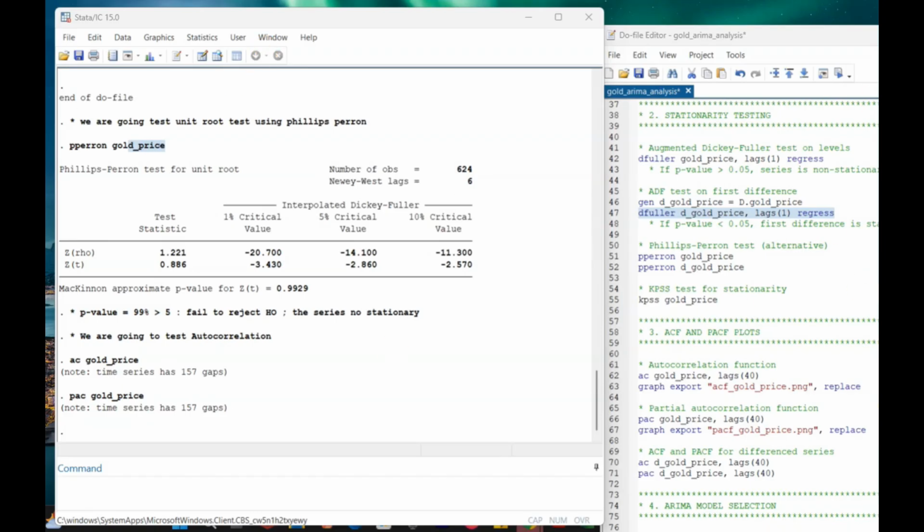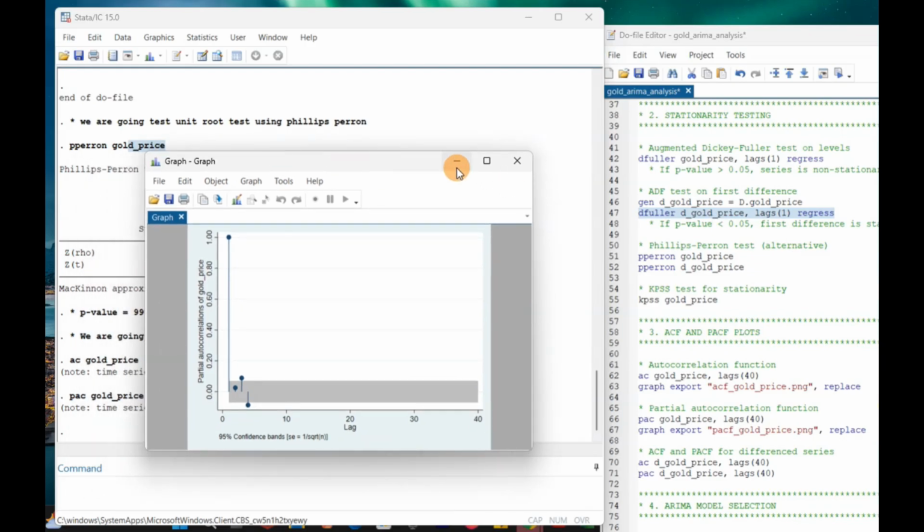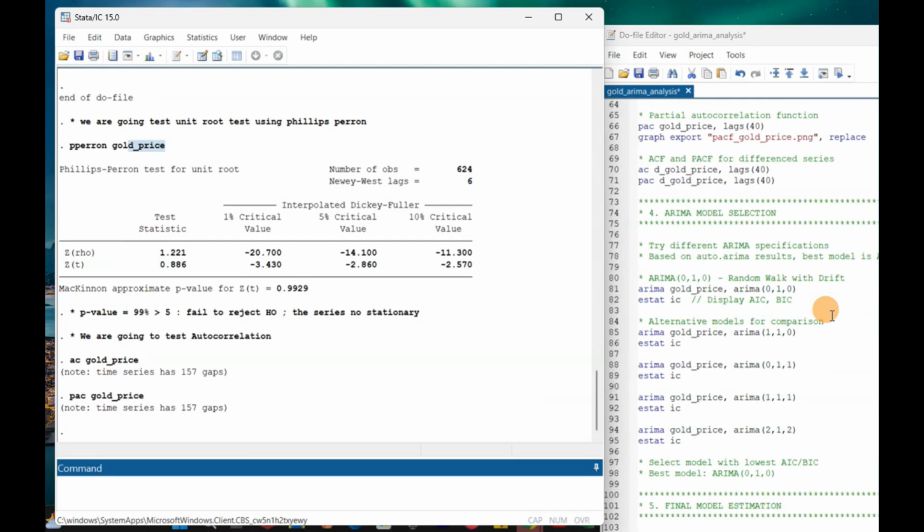Are we on the same page, please? Can we just type ARIMA? ARIMA, gold price underscore price. And then ARIMA again, 0 0 0. We are starting from 0 0. At least please type that code in your command.